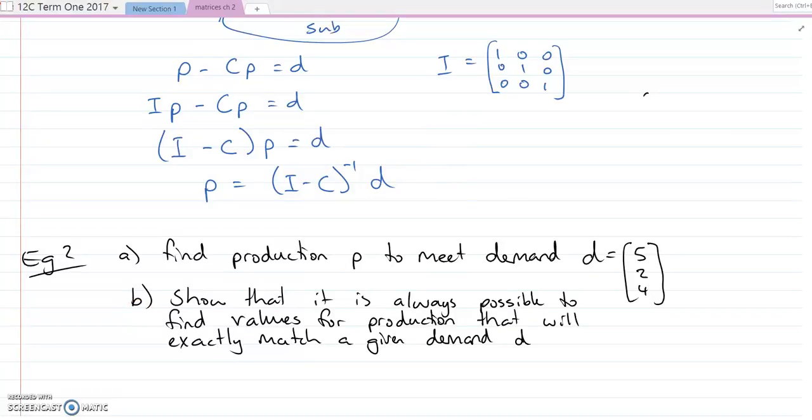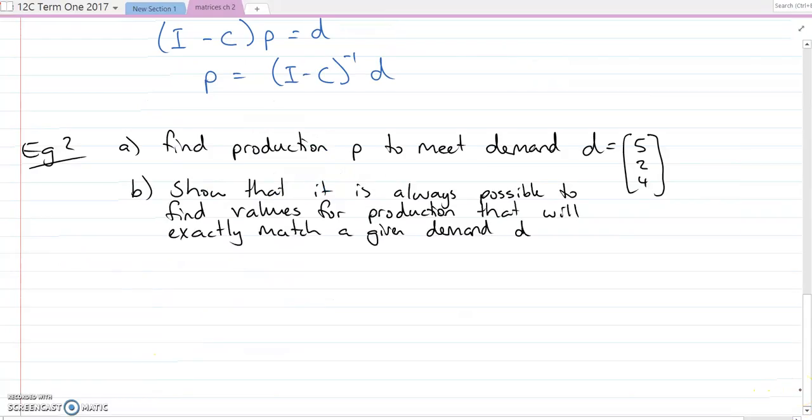Okay, but going through these questions: find production P to meet demand D. We're using the same C from the previous question. So we need to find P just using this equation.